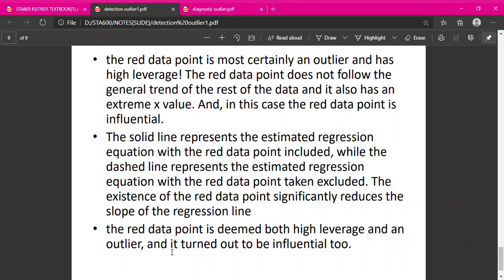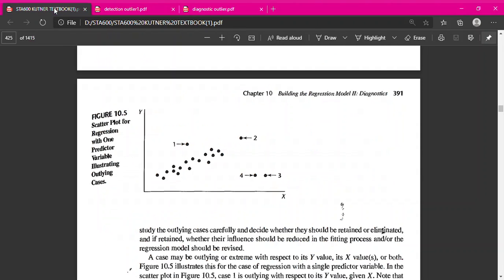So, conclusionnya, the red data point is both high leverage and outlier, and it turned out to be influential too. So, we can delete from our dataset. So, that is the way how you can determine whether the point is an outlier or high leverage or influential observation.